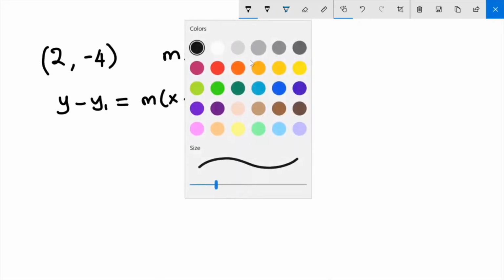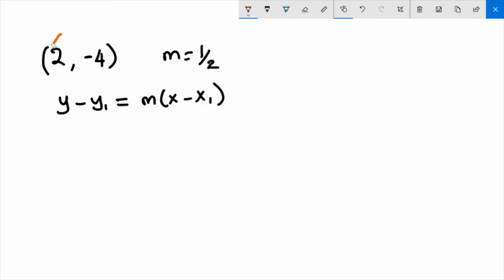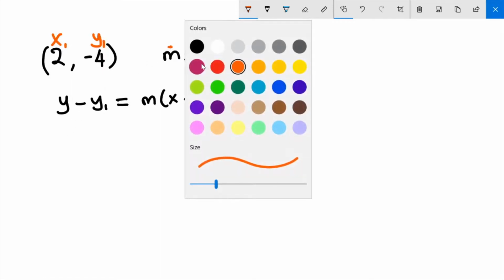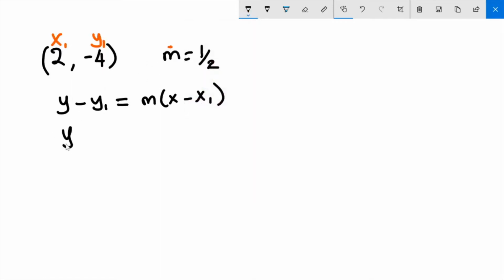Then I'll identify x1, y1, and m, and plug them back into the equation. I'll say y minus y1, which is right here, negative 4, written in parentheses, equals m, which is 1/2, times x minus, and x1 is 2, so x minus 2.